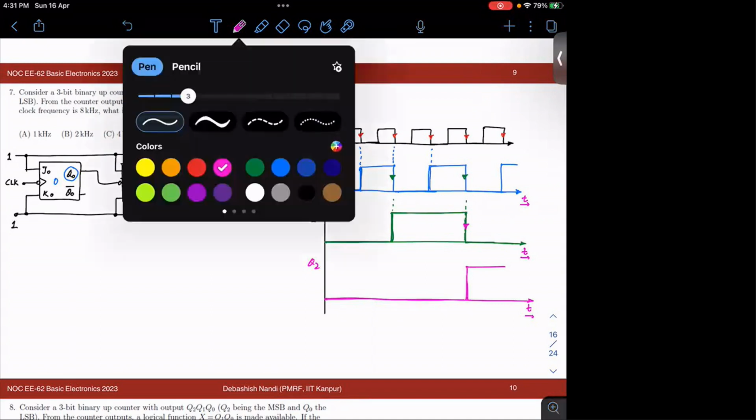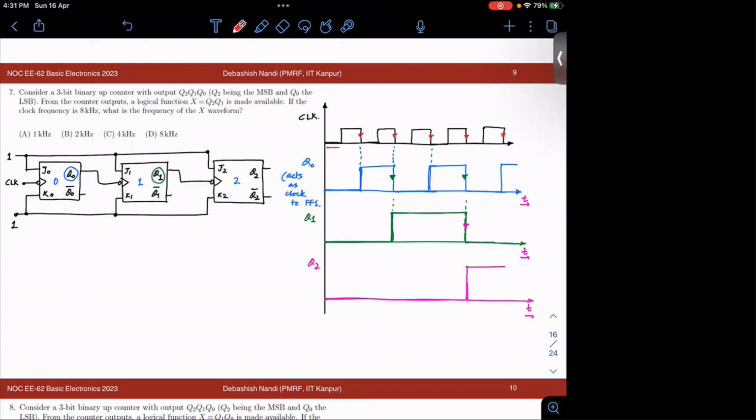That means if this time period is T, then this signal has a time period of 2T, fine? And this signal has a time period of 4T.